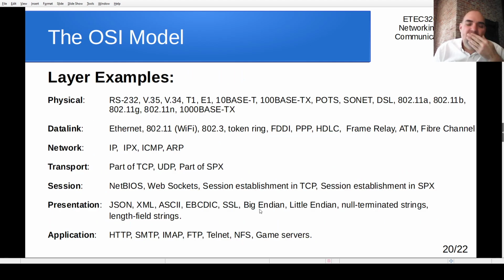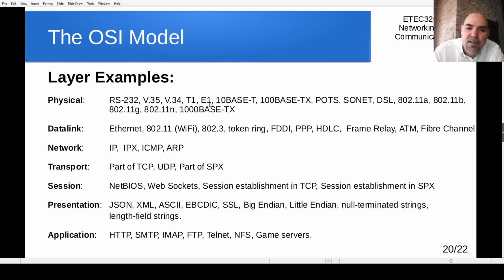All right, so let's look at a few layer examples here as we get to the finishing up point. At the physical layer, those are things like RS-232, which is, remember, serial cable applications, V35, V34, T1, E1.